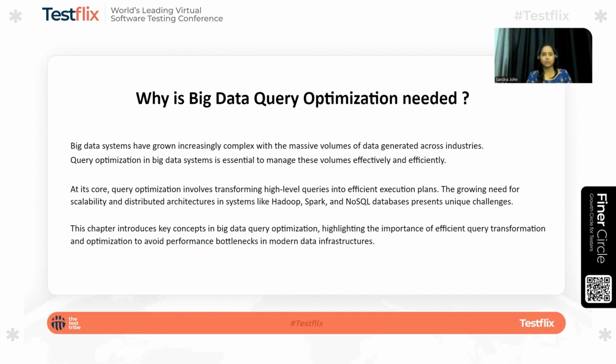Big data systems have grown increasingly complex with time. We have huge amounts of data coming from different platforms and in different sizes and formats. So query optimization is extremely important here to manage these volumes more effectively and efficiently. At its core, query optimization involves transforming high-level queries into more efficient execution plans.